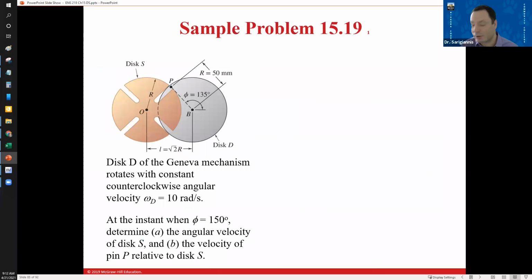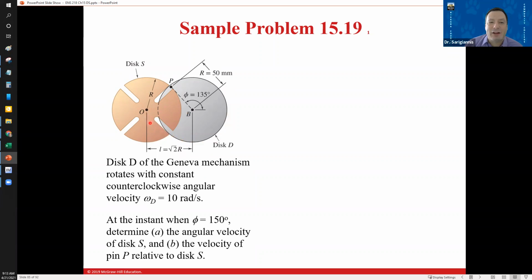All right, let's look at a problem here. We have two disks. This is called a Geneva mechanism. This is kind of a neat mechanism. Basically, one disk rotates. You've got a pin that fits into a slot, rotates this other disk by a quarter turn, and then comes out.